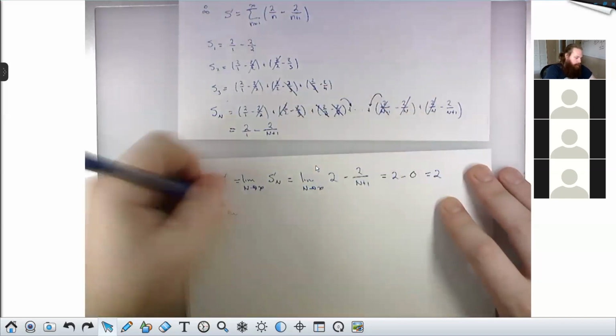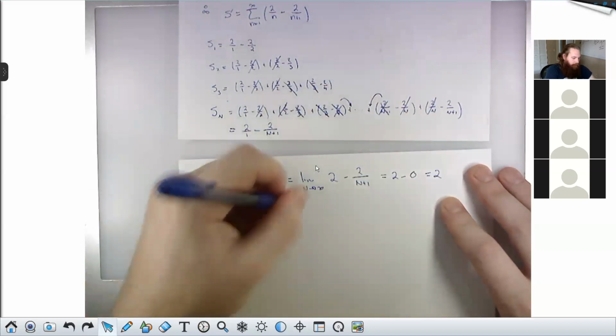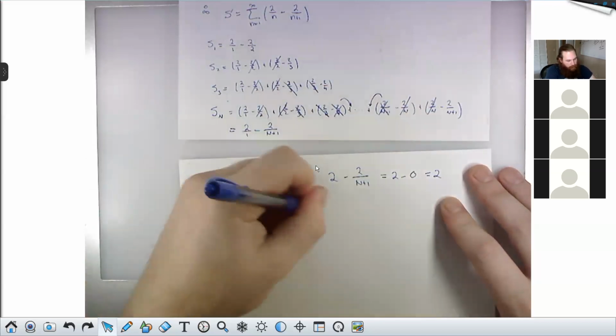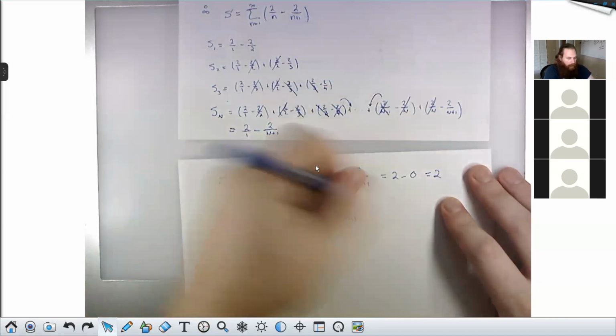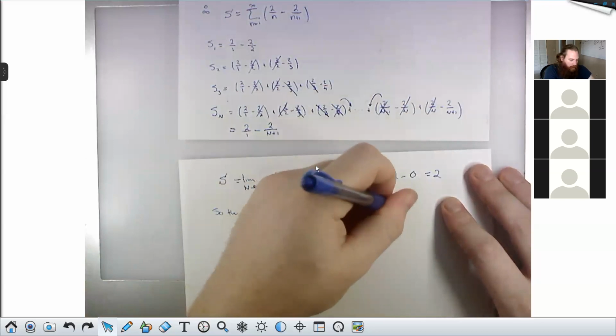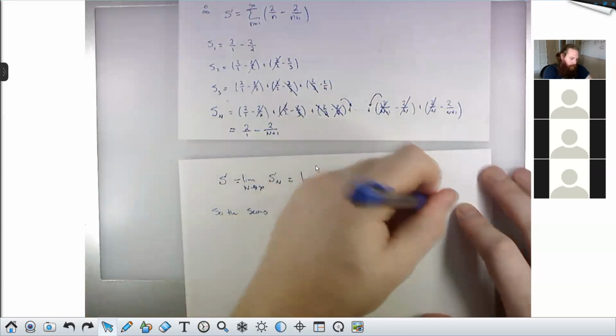So the series S equals sigma n from 1 to infinity 2 over n times n plus 1 converges to 2.